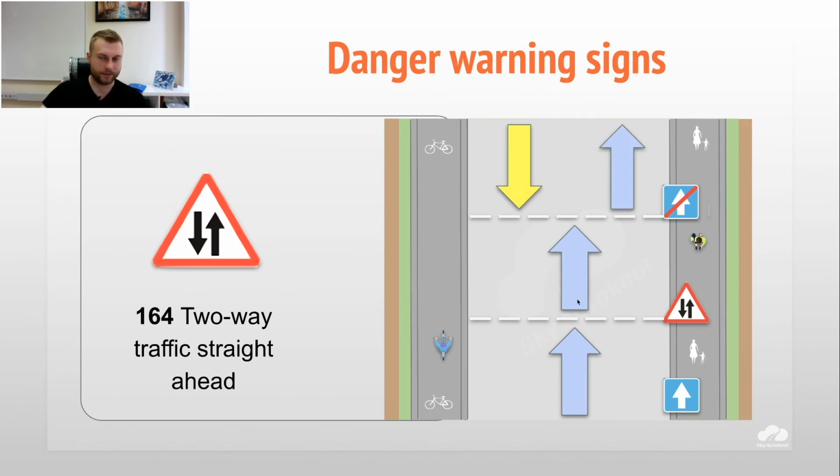Please remember it. Only the one-way end sign ends the one-way. So here starts two-way traffic, and the sign informs you a little bit in advance so that you will be ready. If you move on the left lane, you will be ready to change it before the oncoming traffic comes. That's the point of the sign.